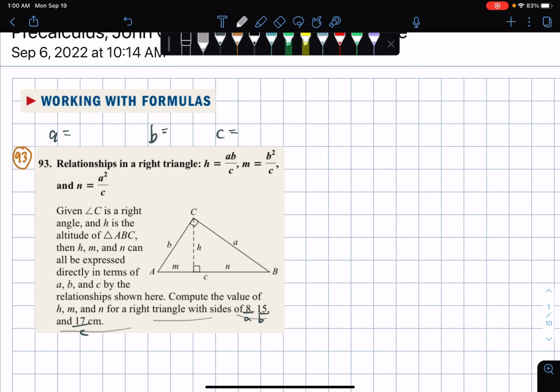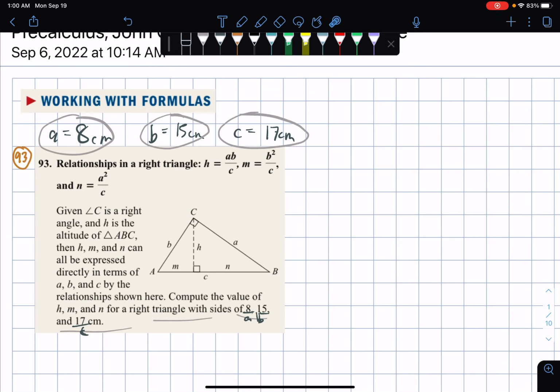I'm not sure, but by default, I suppose that we say things from beginning to start, like usually in the alphabet, A, B, and C are in order: first, second, and third letters of the alphabet. That's my assumption, but there could be other reasons why it might be A, B, and C for the values 8, 15, and 17 respectively. So C is 17. Now that we know A, B, and C, just encircle them like that.